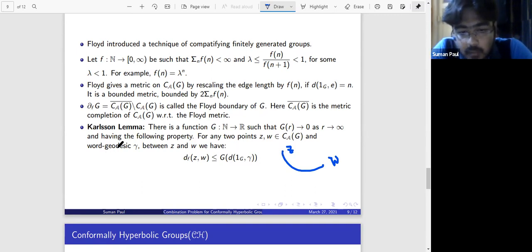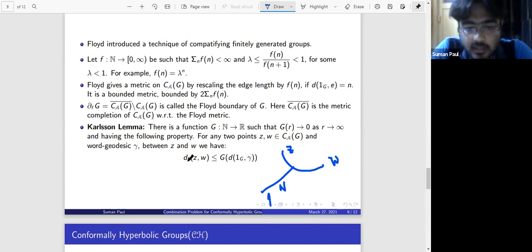So this gamma is a geodesic in that metric space. Then you can show that the Floyd distance between Z and W is less than G of n. Suppose this is the identity, and gamma is n distance away from 1.